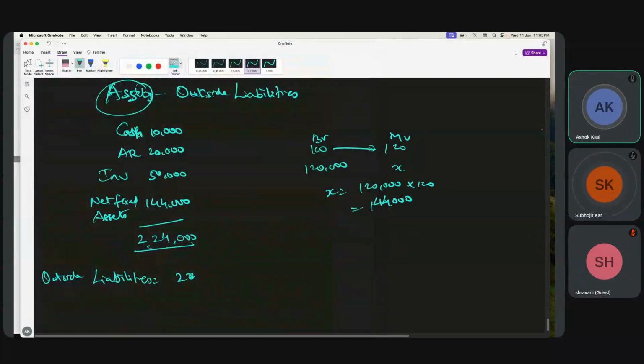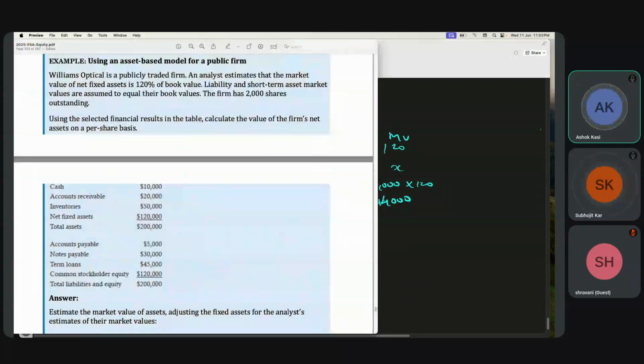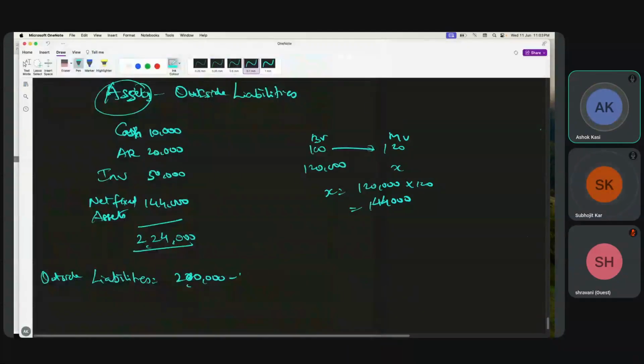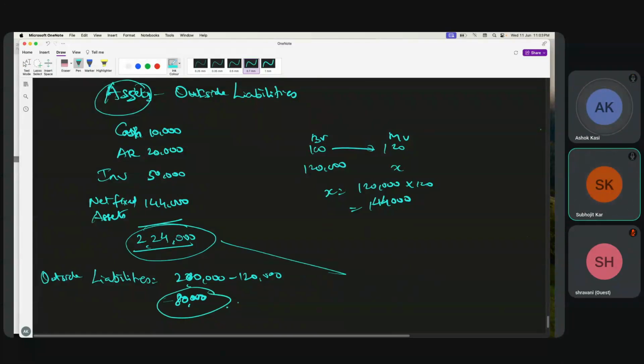So 2 lakhs minus 120,000 is 80,000. So 224,000 is the assets, minus outside liabilities, so the difference is 144,000.